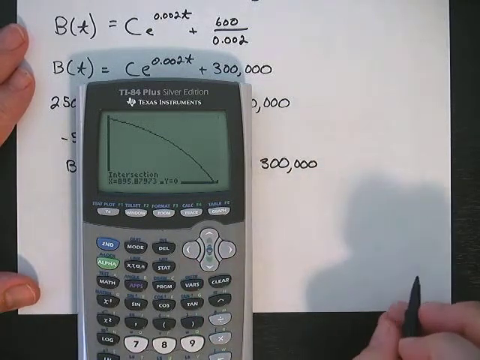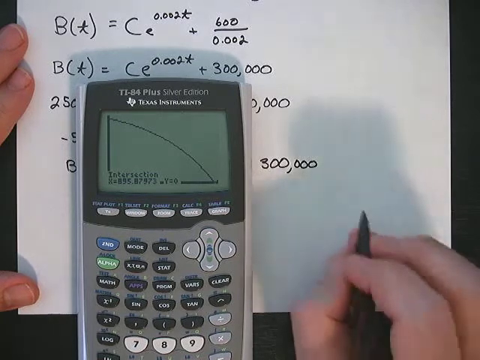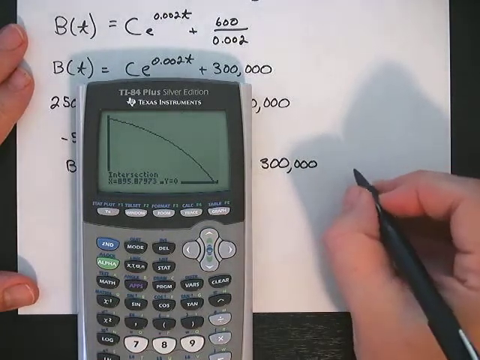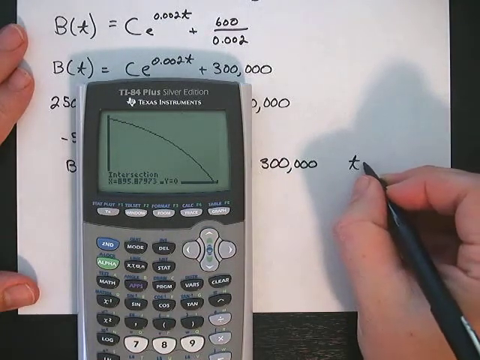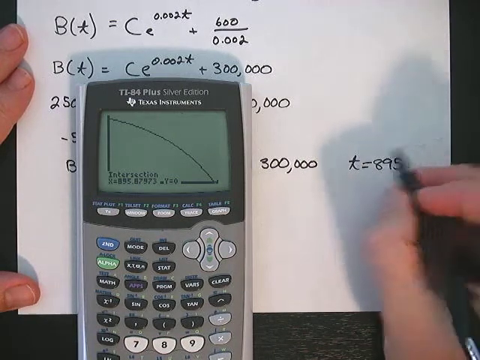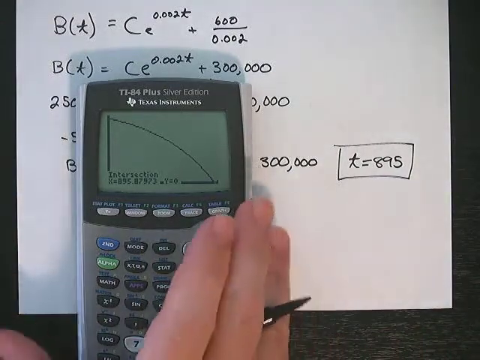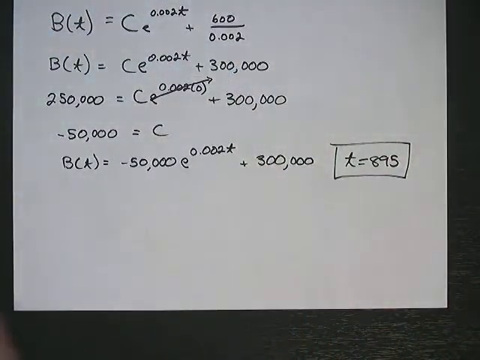You get x, in our case t, is equal to 895.87. It did say round down. So according to the calculator, t is equal to 895, and that's the first month. It's not quite the first month, but it said to round down, so it's the first month, according to this problem, that the balance is going to be 0.